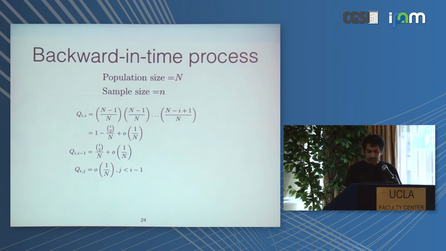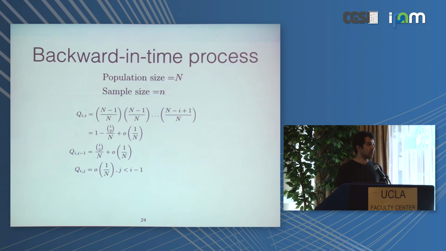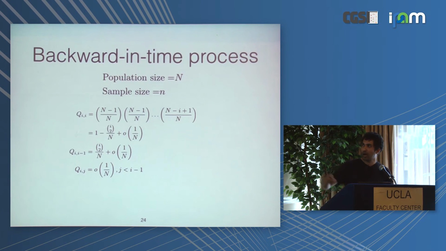And it turns out we're going to do the same trick as we did in the case of the Wright-Fisher diffusion. We're going to look at what happens to this process as your population size n becomes large. So you're going to have 2 quantities, the population size uppercase N and the sample size lowercase n. And we can write down what this transition density looks like as the uppercase N quantity becomes large.